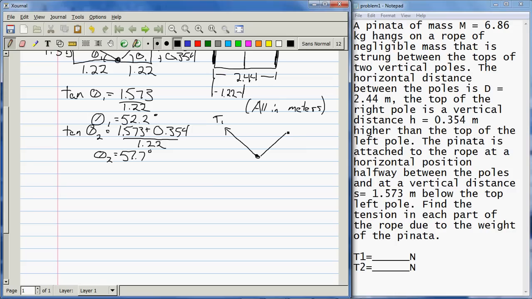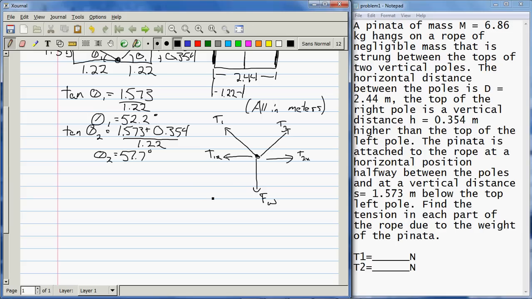Alright, so now I want to go and draw a free body diagram with our piñata. This I will call T1, and this I will call T2, and we have the force of gravity, which I'll call F of W. So you look at this diagram, and all the forces will add up to 0. But you can break it down and see that the x component of T1 and T2, so T1 of x and T2 of x, are going to equal each other.